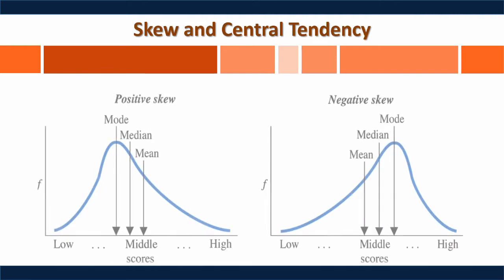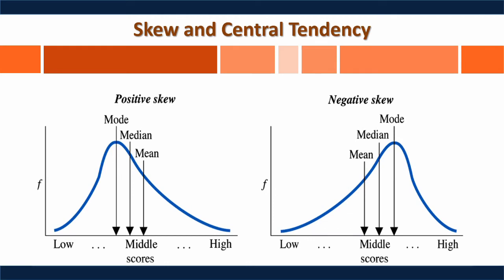You can see from the distributions here that for skewed distributions, the mean, median, and mode are not in the middle of the distribution. You can remember each central tendency component relatively easily in skewed distributions. The mode is always easiest to spot because it's at the very top or apex of the distribution. The median is always in between the mode and the mean. So by process of elimination, you know that the mean is always nearest to the tail of the distribution.